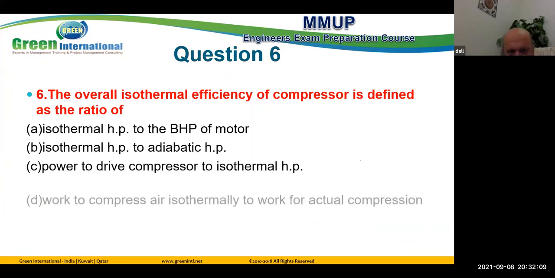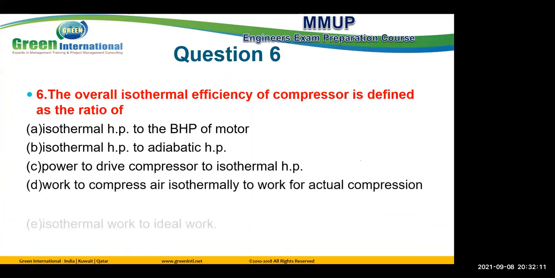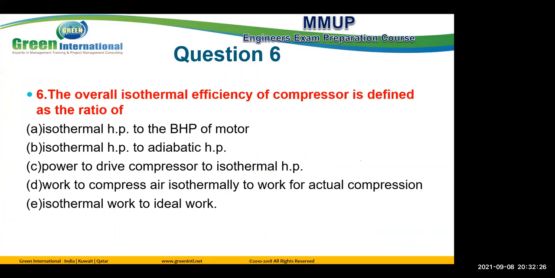Overall isothermal efficiency of a compressor is defined as the ratio of isothermal horsepower to, D, sir. D, please write on the chat. I don't hear anyone.